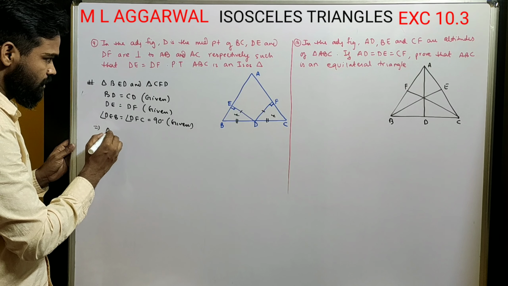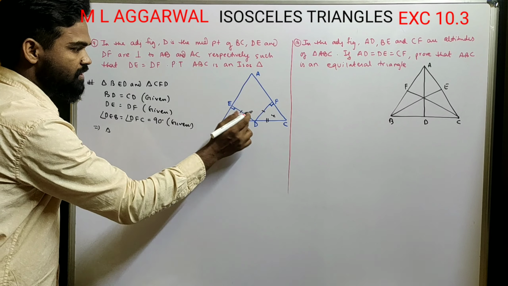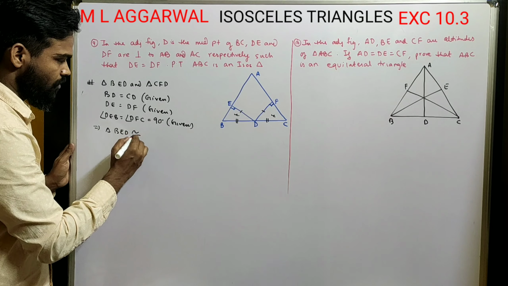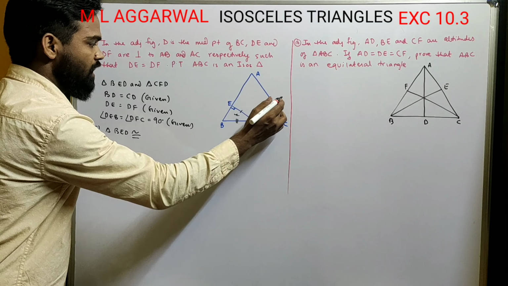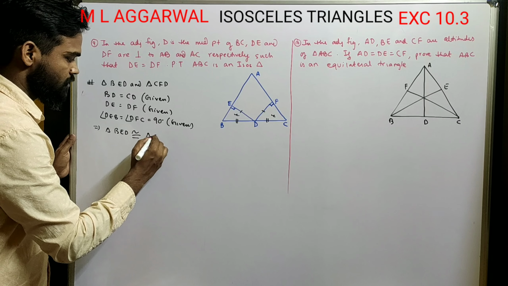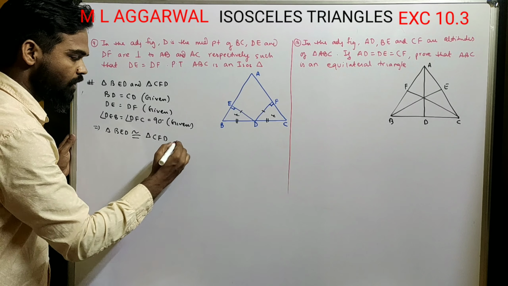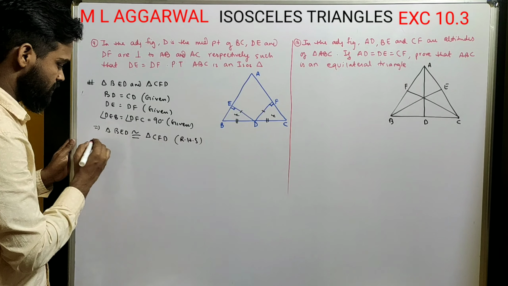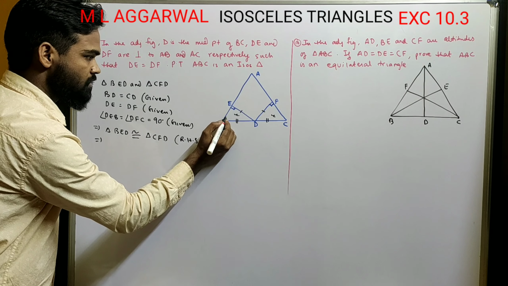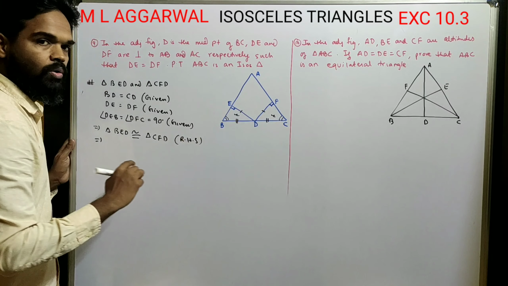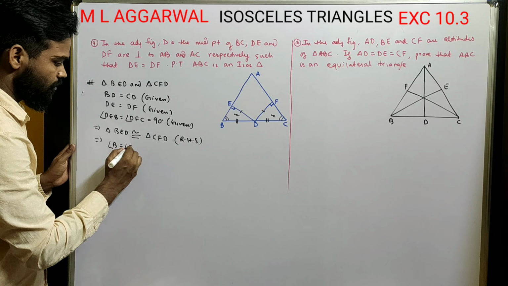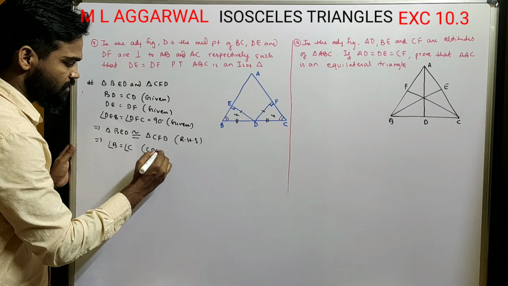So I can say triangle BED is congruent to triangle CFD. Why? RHS, which means, can I say this angle and this angle will be equal, CPCT, which means angle B is equal to angle C, CPCT.